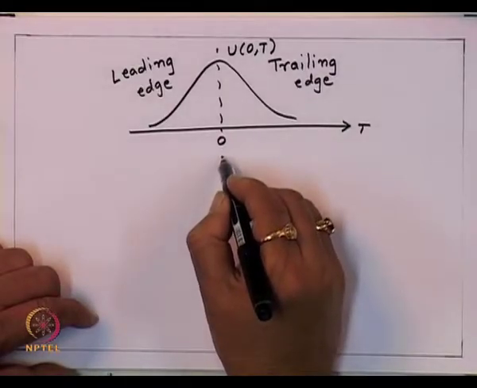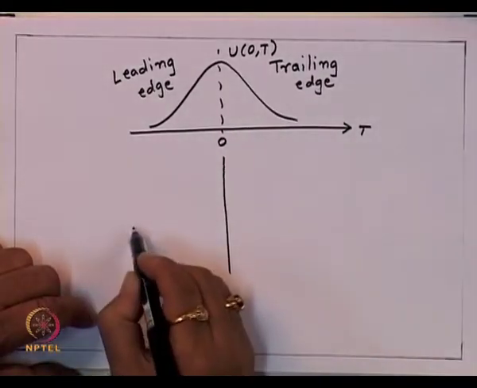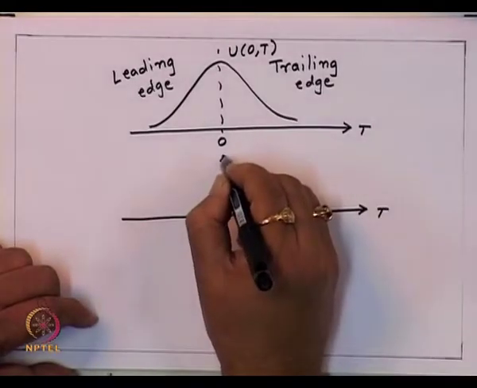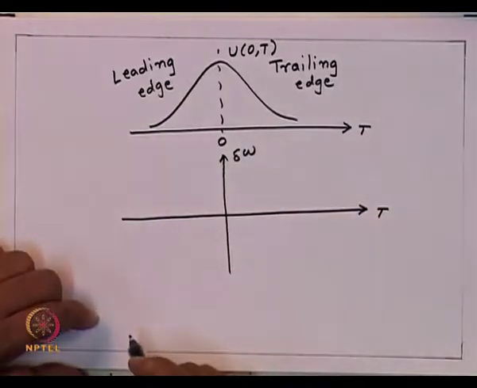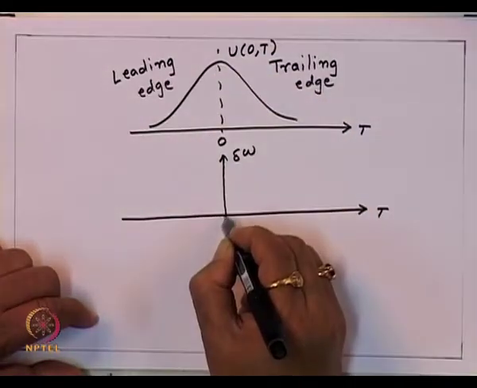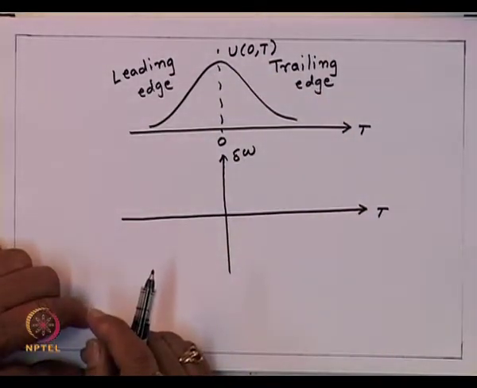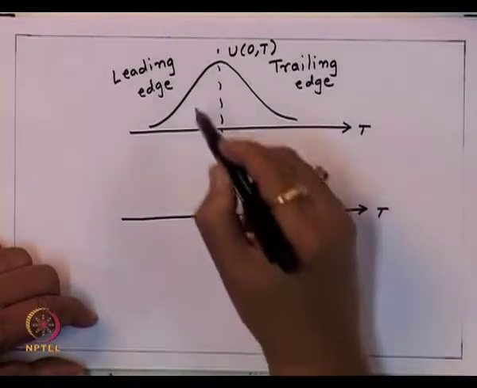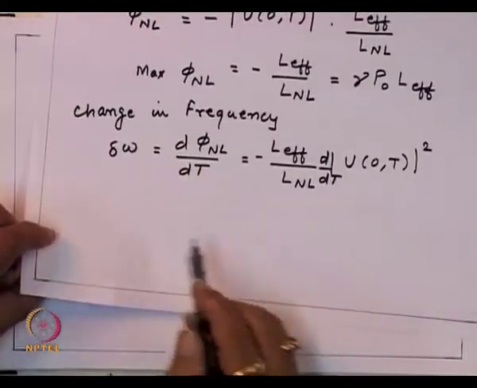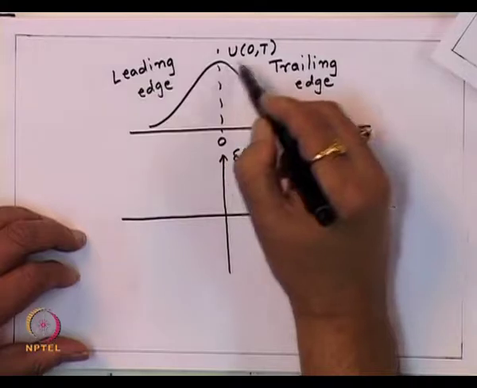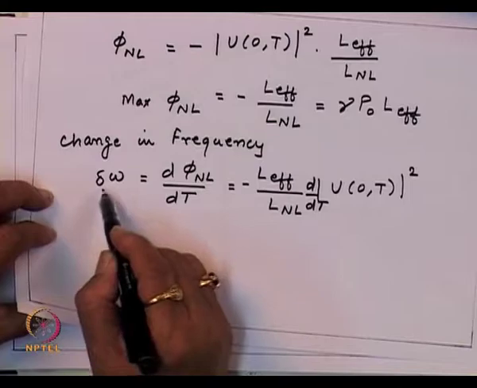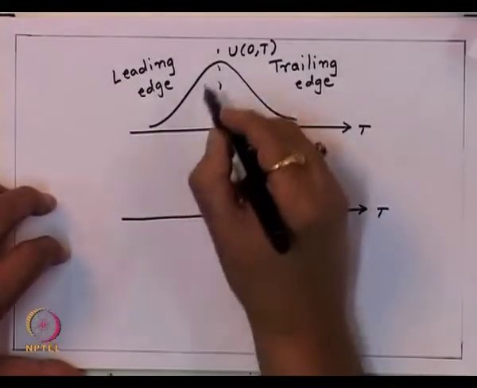So, if I talk about change in frequency, this is time, this is delta omega. The delta omega is 0 at the peak of the pulse. On the leading edge, the derivative of this function is positive, but I have a negative sign here, so the change in frequency is negative on the leading edge of the pulse.